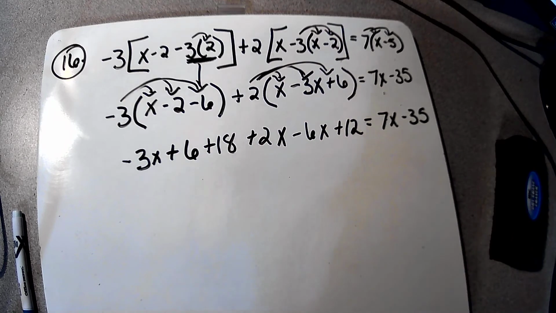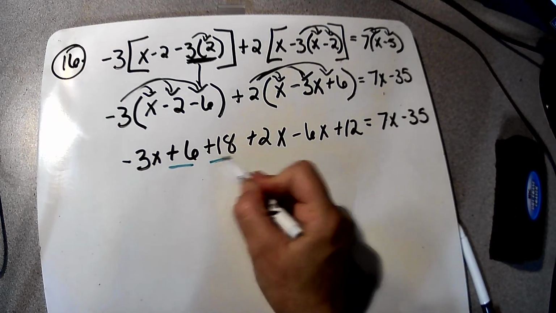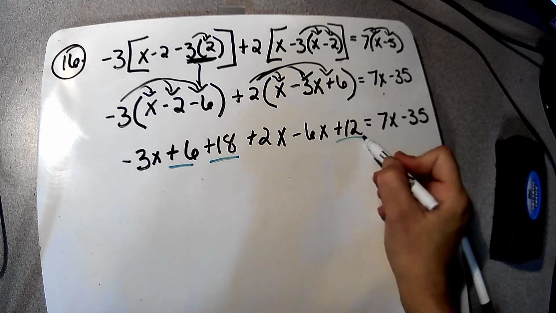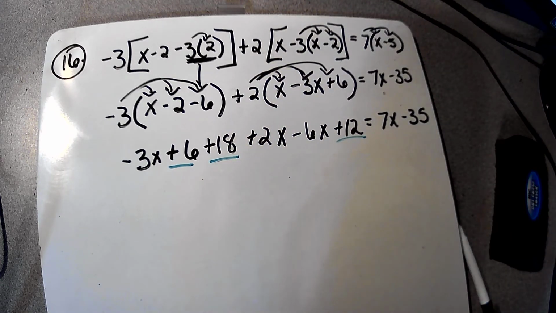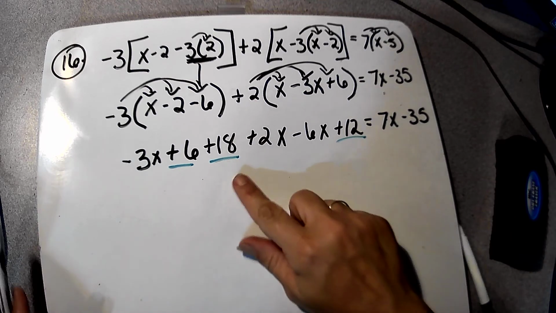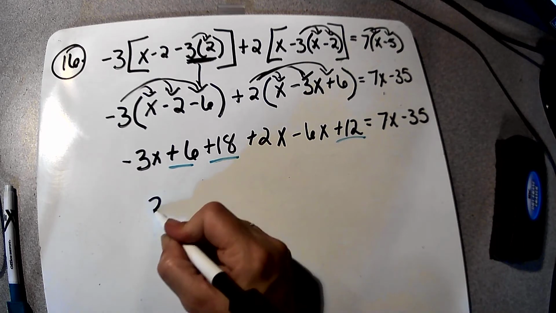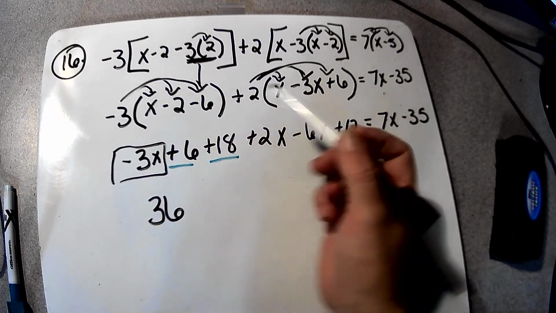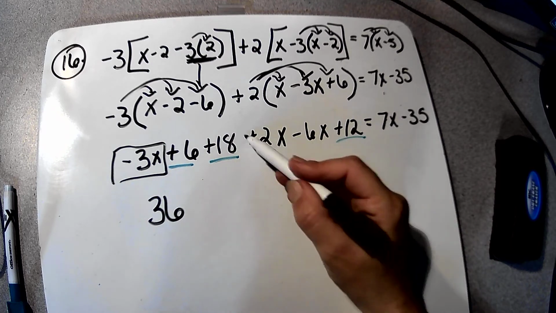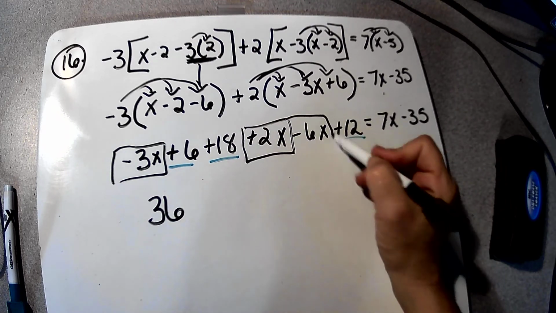Now we have a whole bunch of like terms to add. Let's find all our constants. Okay, so we've got 6, 18, and 12, and all are positive. So it'll be 18, 24, 36. Okay, now our variables, let's see, we've got negative 3x and 2x minus 6x.